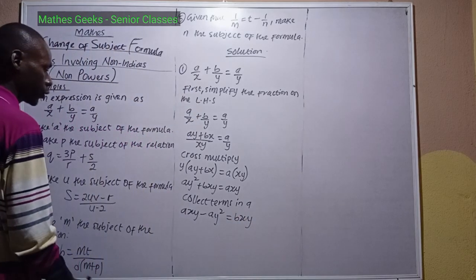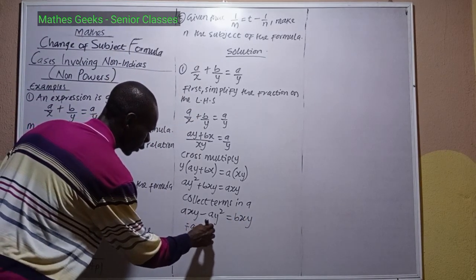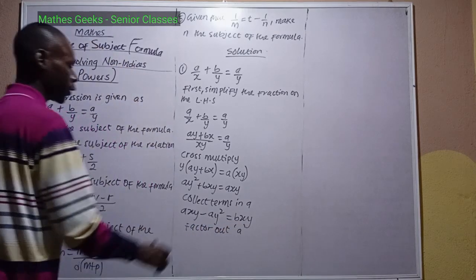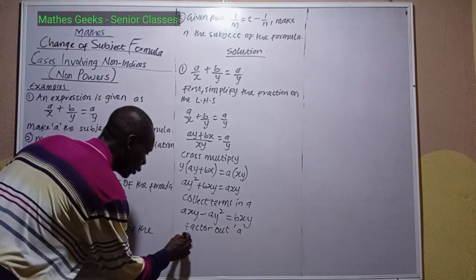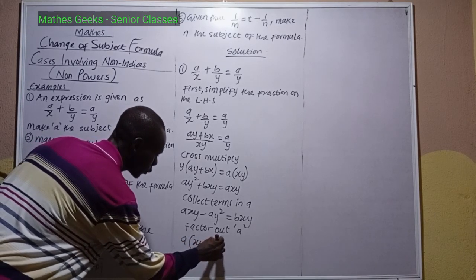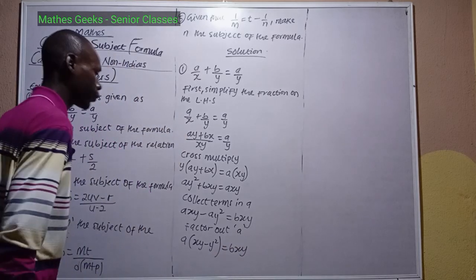So next is to factor out the term P. So P times EXY minus Y squared equals BXY.